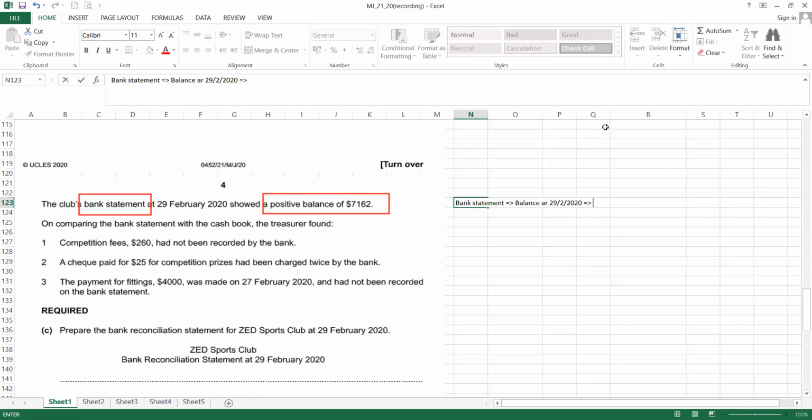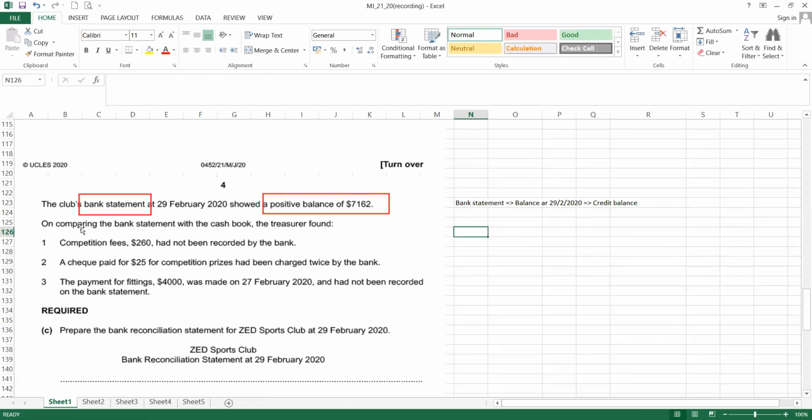This one is a credit balance, because the bank statement is the opposite of the bank account. When they say positive balance, it means credit balance, not debit balance. So debit balance is a negative balance for the bank statement. This is a difference compared with the cash book or the bank account.